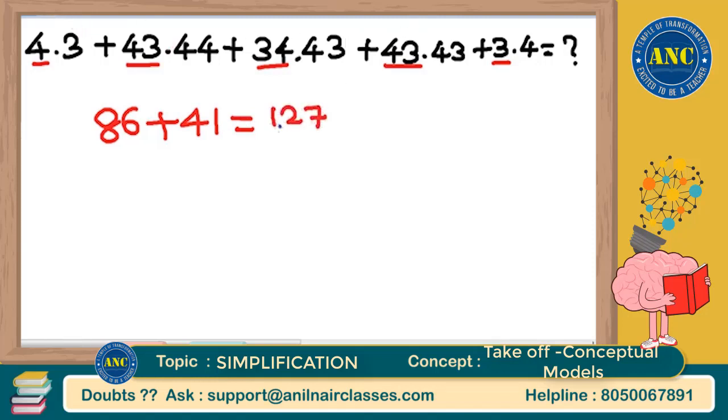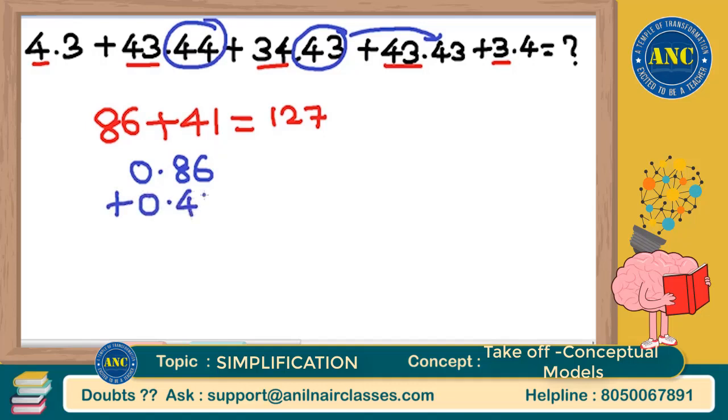Add the decimal parts as quickly as possible. 0.43 plus 0.43 is nothing but 0.86. For this 0.86, 0.44 is there to make it slightly a fancy number at least, right? So how much does this become? 0.86, if I add 0.04, okay, let me add it.